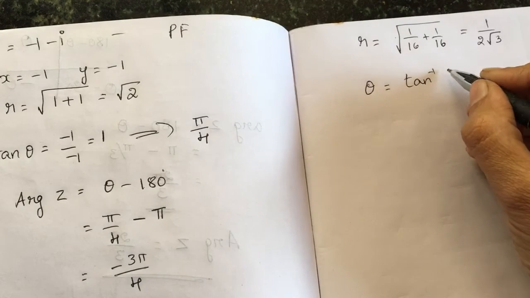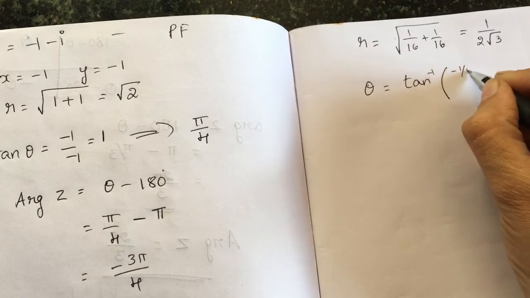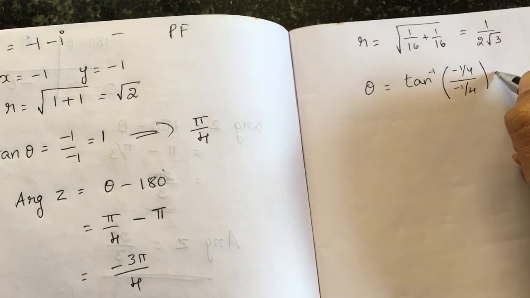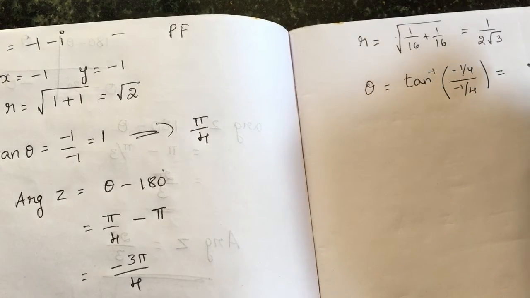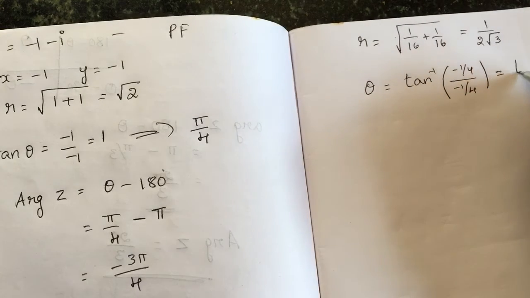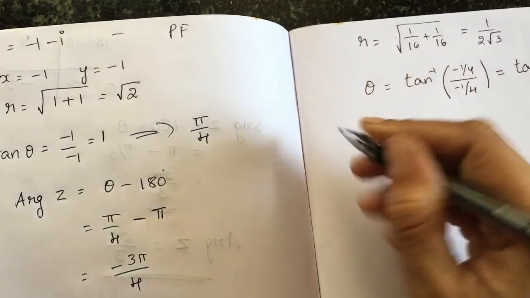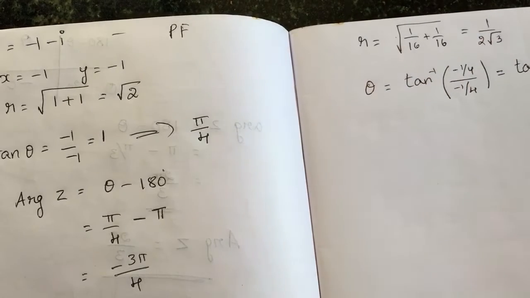Y is negative and x is also negative in this case, so it must be equal to 1. So tan inverse of 1, that angle is pi by 4. But argument of z, when both x and y are negative, is theta minus 180 degrees.